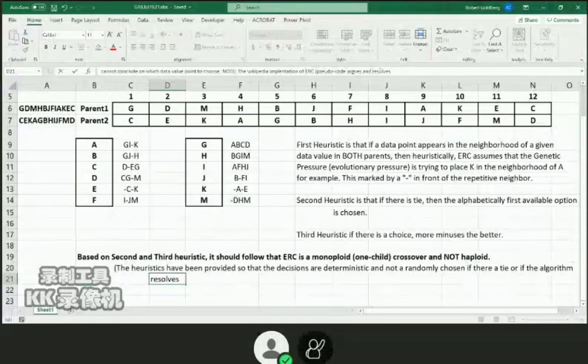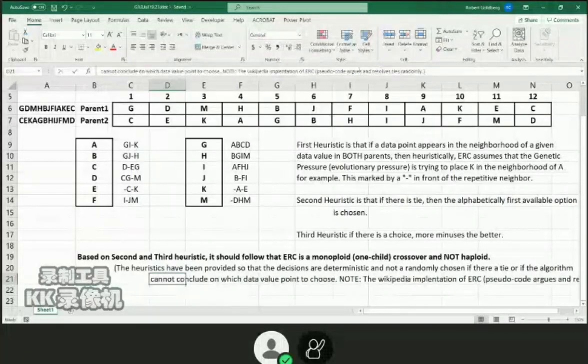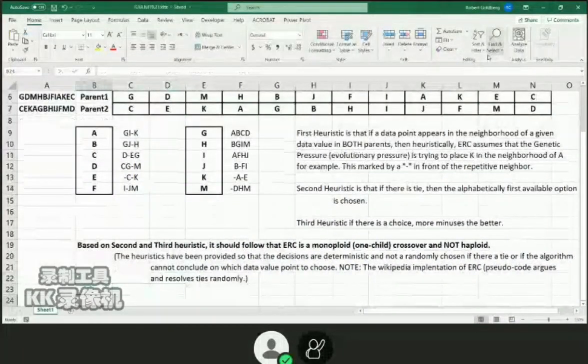Okay, so that's the difference I mentioned to you before. You can see the argument either way, but that's the bottom line. The original version, which we're going to use now and in the exams, is this way, where the heuristics determine who to choose if you don't know who to choose, not random.